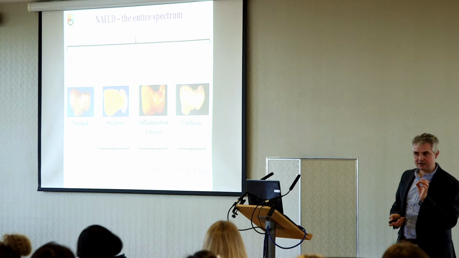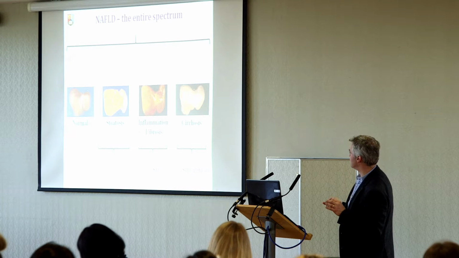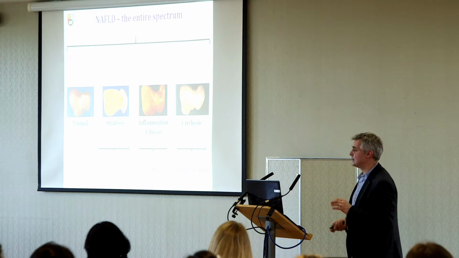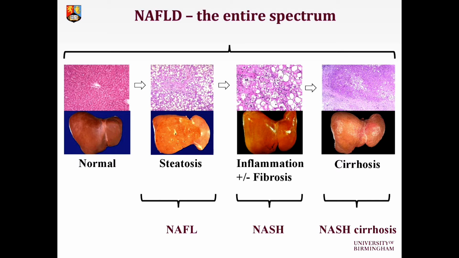And this is the holy grail in hepatology at the moment, is knowing what the mechanism is that drives someone to go from just fat to fat and inflammation. Because it's the inflammation that starts to cause the problems. You get inflammation, and inflammation leads to fibrosis. And if you remember from one of my first slides, once you get lots and lots of scarring and fibrosis, there's no healthy liver tissue left, and you end up with cirrhosis. So in our medical clinics, what we're trying to sift is the wheat from the chaff.